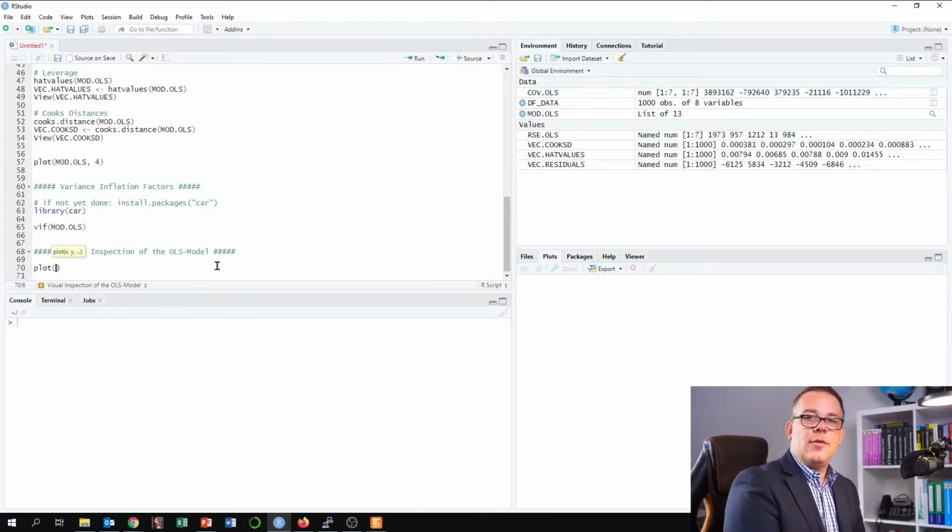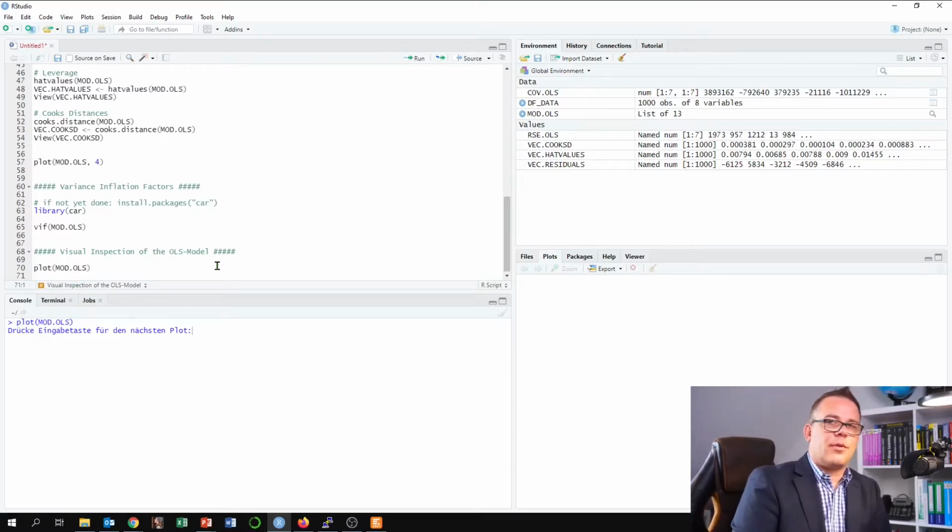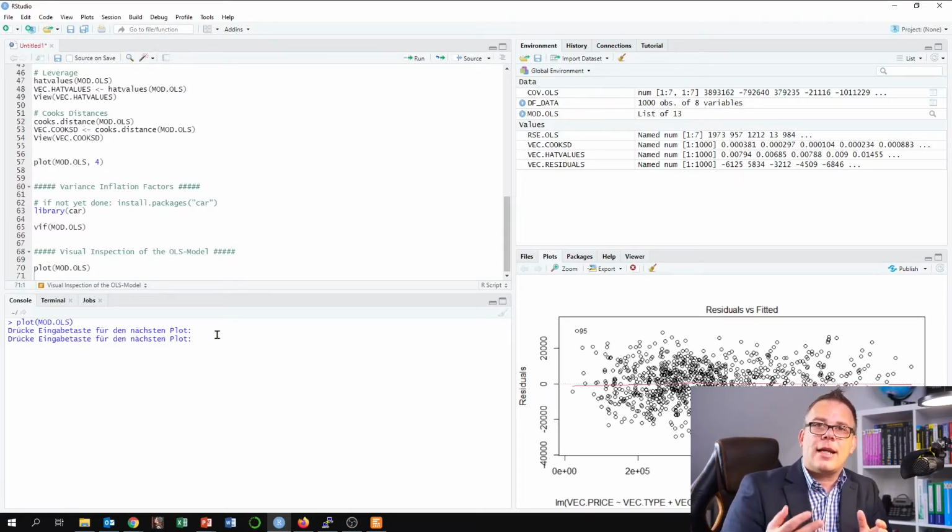And we hand over to the plot command simply our OLS model. Well, and now we see it's in German. We should press enter. Now I press enter and I get this beautiful graph here.